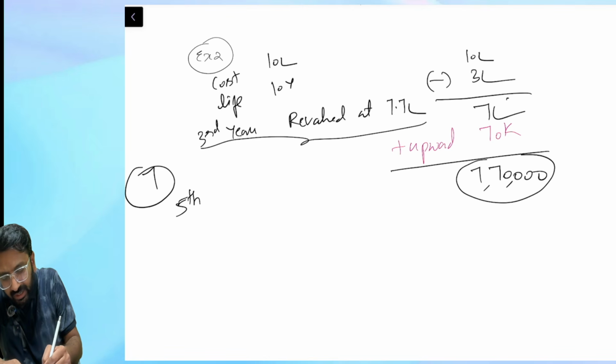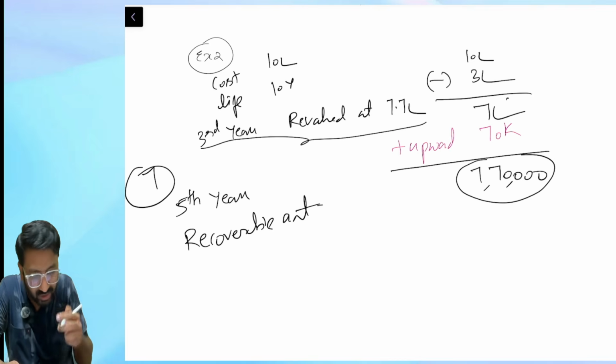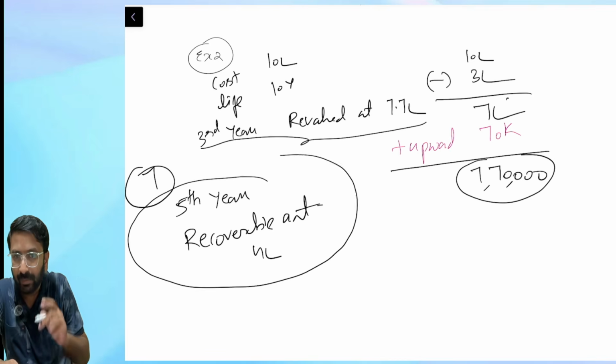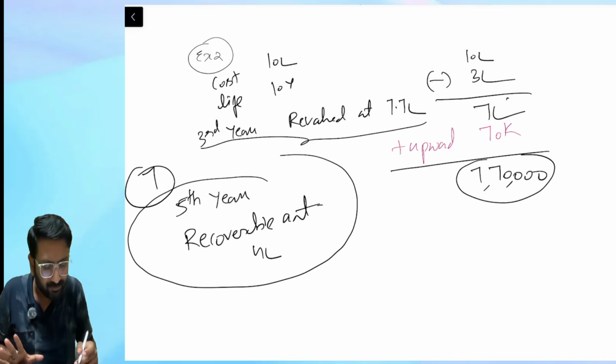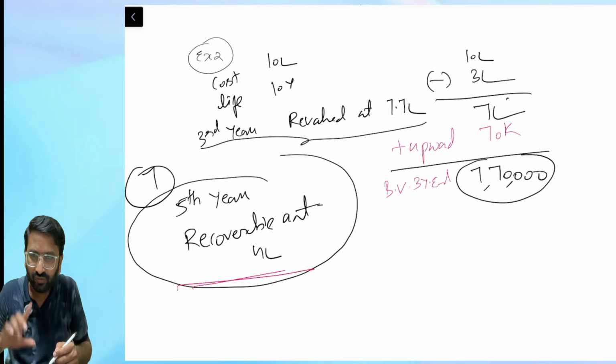Now let us say fifth year ending. At the end of fifth year, the recoverable amount of the asset is given to you. Recoverable amount of the asset, let's say, is 4 lakh. Now, how much is the impairment loss? Now, try to understand. 7 lakh 70,000 is the book value when third year ending. But I'm giving you a recoverable amount when fifth year ending.